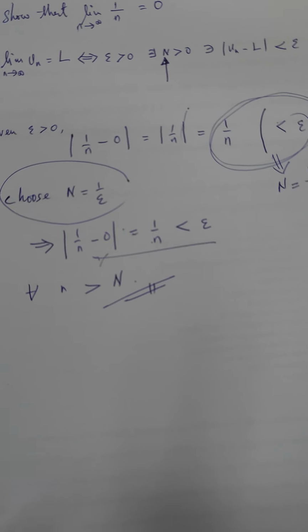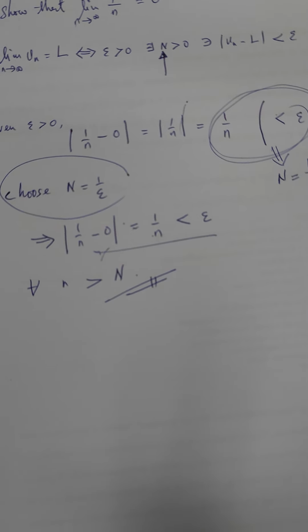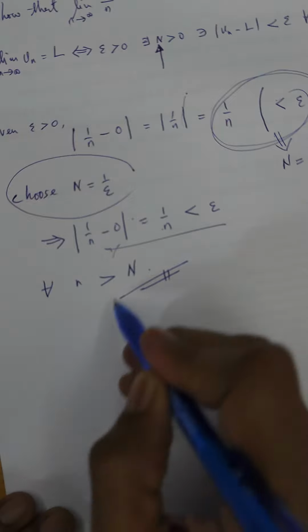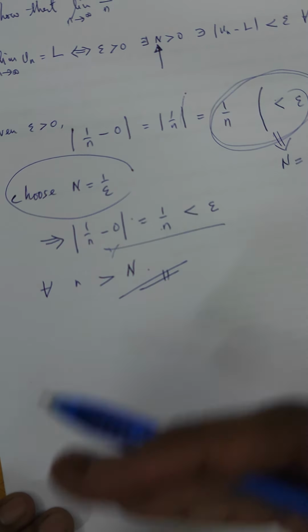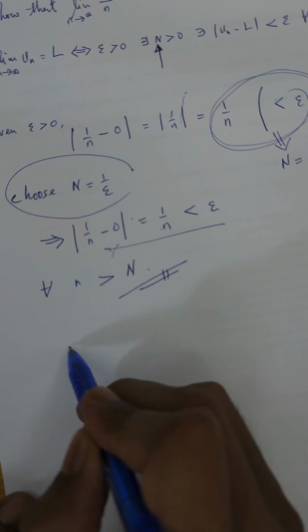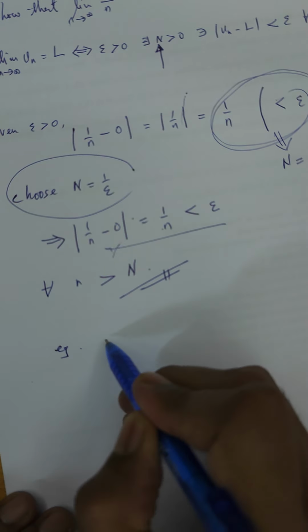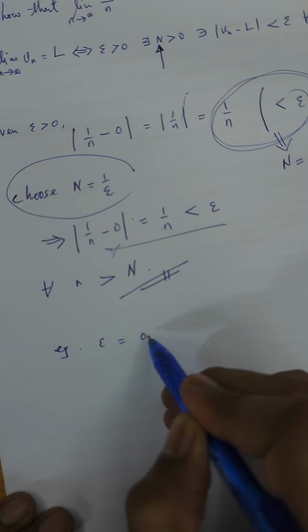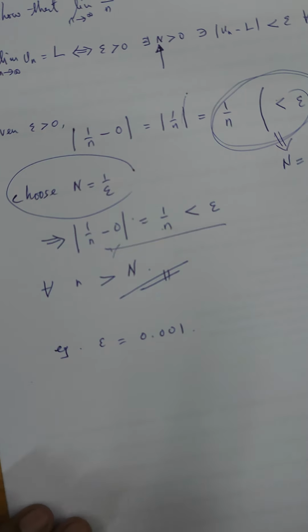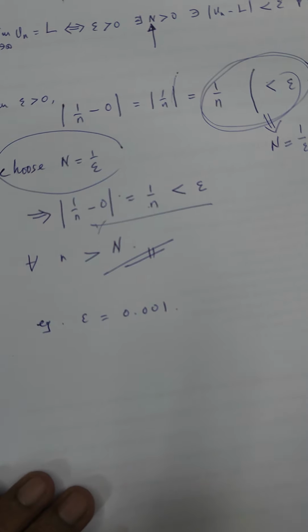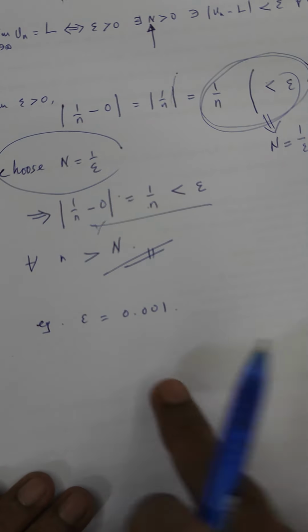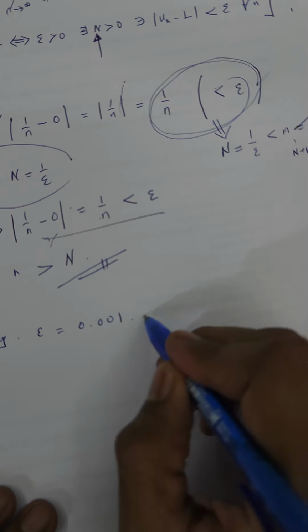Now again, visually, how do we get this thing? Now look at the example. From this particular example, I will consider a sub-example. If you choose, for example, epsilon as 0.001, because epsilon is a small positive number, then what happens?